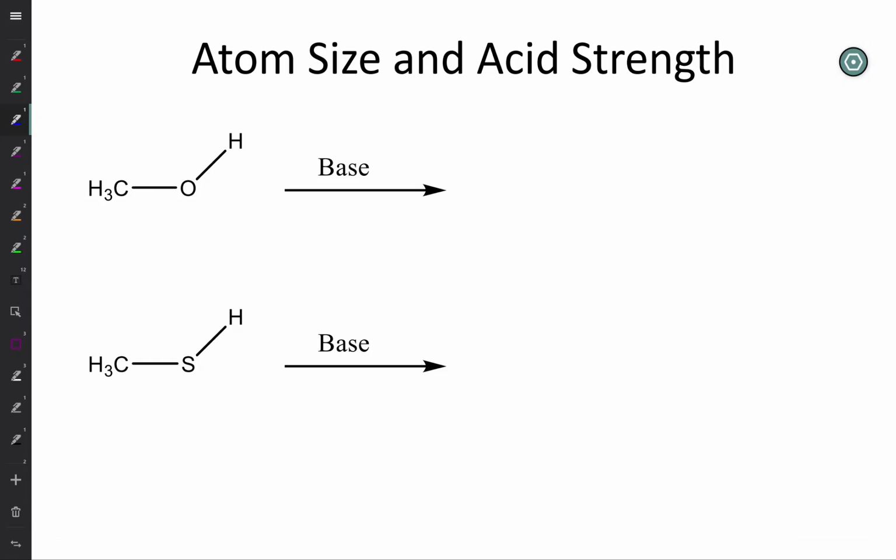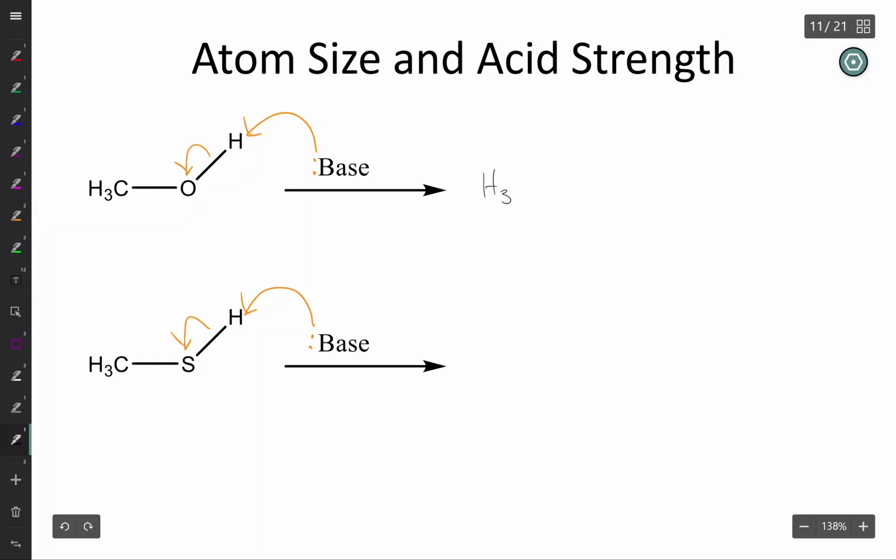Let's compare then, if I had these two molecules, and apply the same logic. So the first one we already saw on the previous slide. We take H plus away from an alcohol, we're left with this negative charge on oxygen.